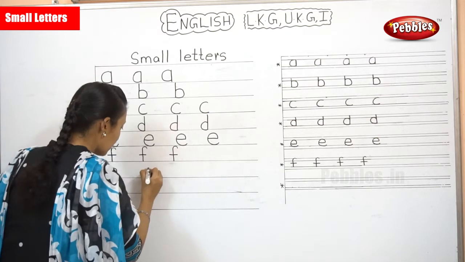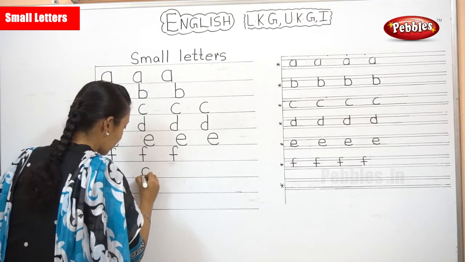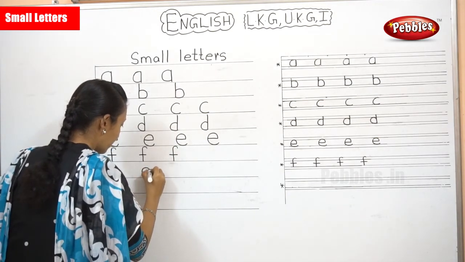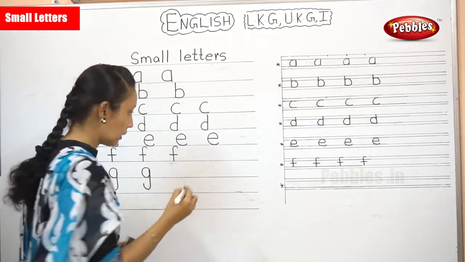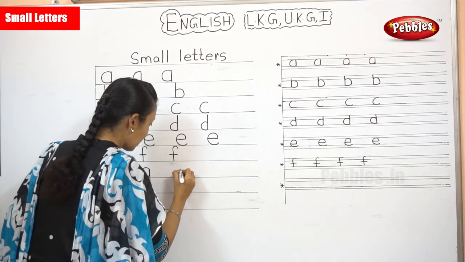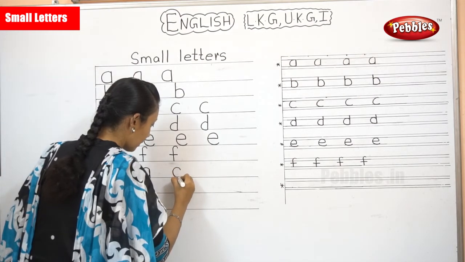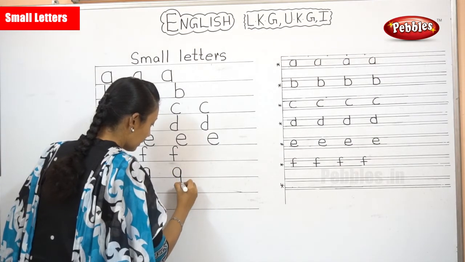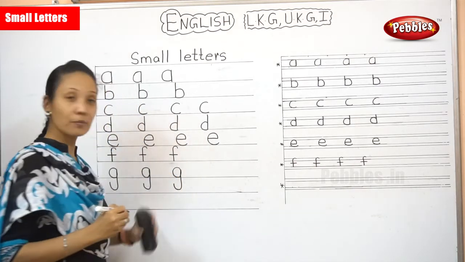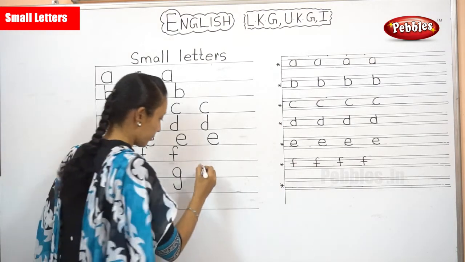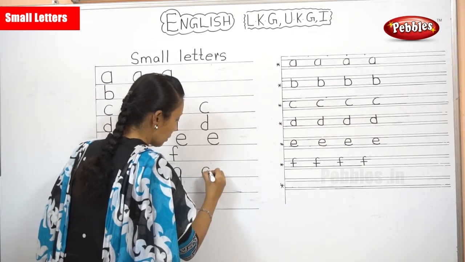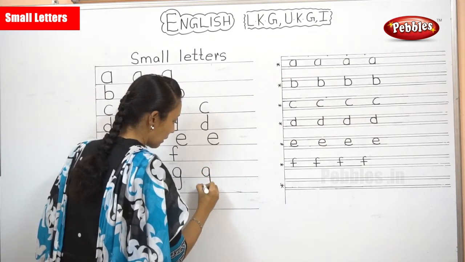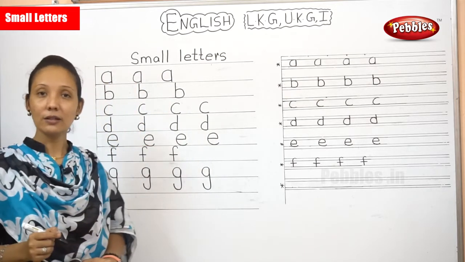Again, a curve, go up, come down, small letter G. Once again, curve, go up, come down, small letter G.